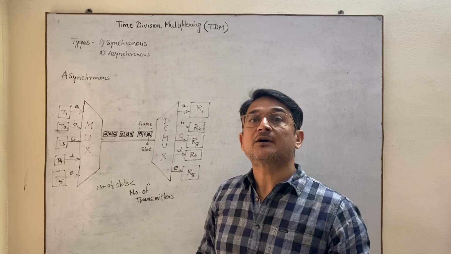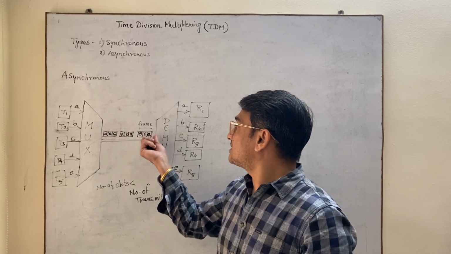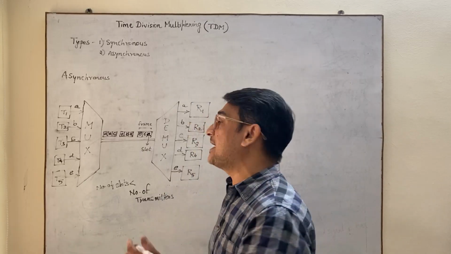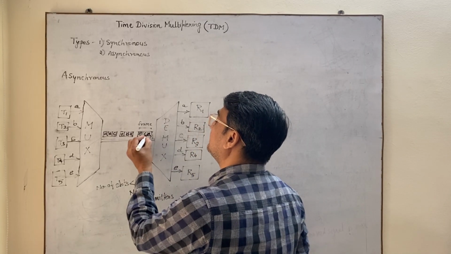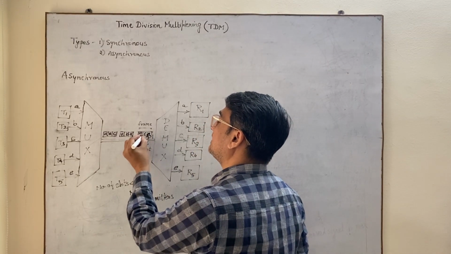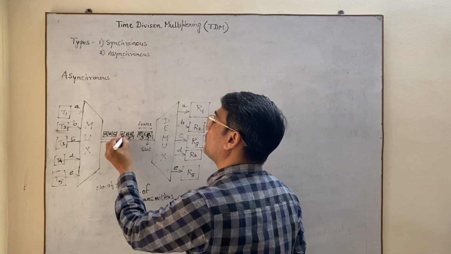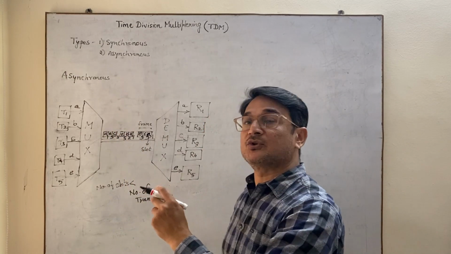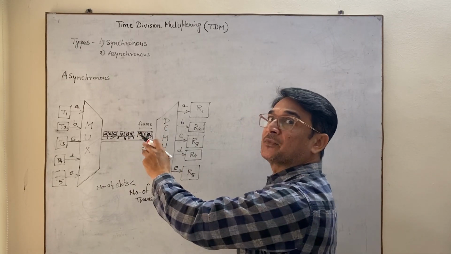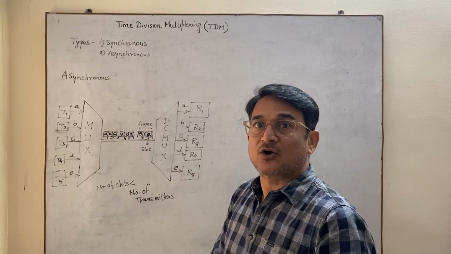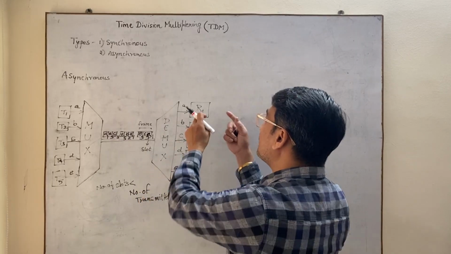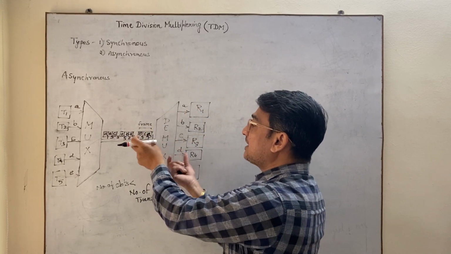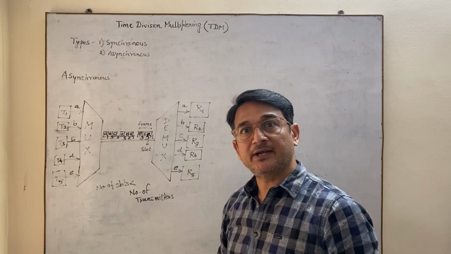To overcome that problem, whenever we fill any data in a particular slot, we add an address with it. Suppose A1, C3, E5, A1, B2, E5, C3, E5, A1. This address or identification is known to all the receivers. So every receiver will check every slot of every frame.